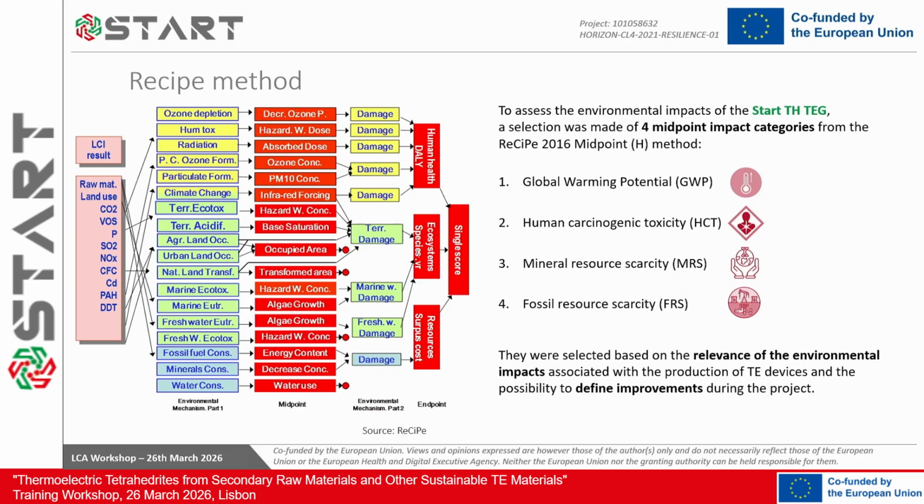So as practitioners, and we did this in the START project, we try to avoid going from midpoint to endpoint. But if going to endpoint, avoid going to single score and maybe keep within these three major categories. It's our sort of approach.